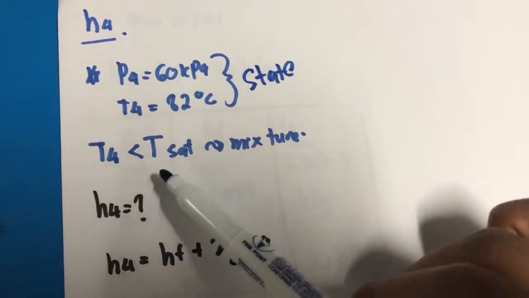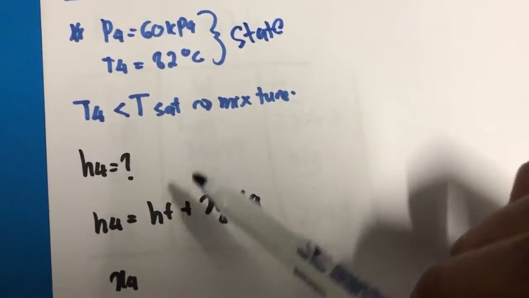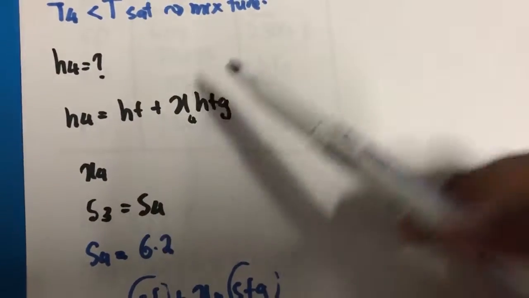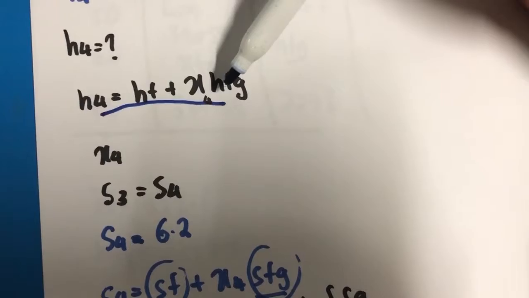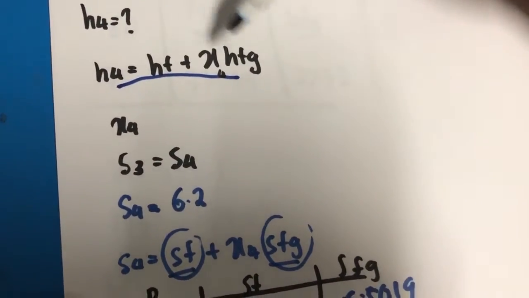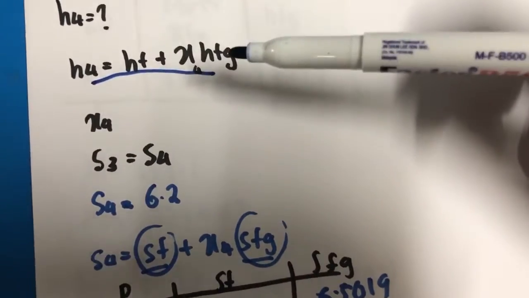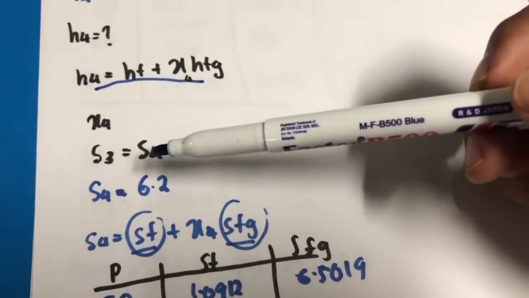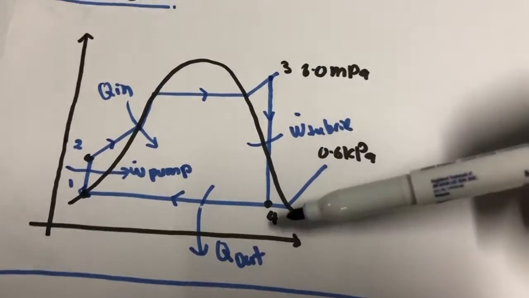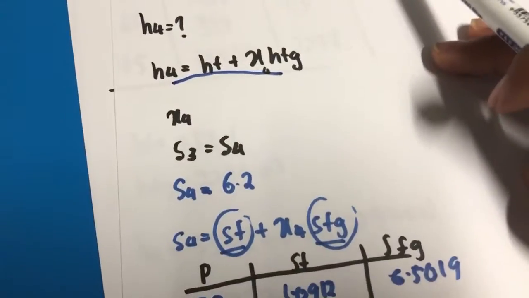We know that T4 is lower than T sat, so it is a mixture. How do we find H4? Using this equation, H4 equals HF plus X4 times HFG. We get HF and HFG from the table, but we do not know X4. But we know that S3 equals S4, because the TS diagram shows that 3 to 4 is an isentropic process, so they are the same.